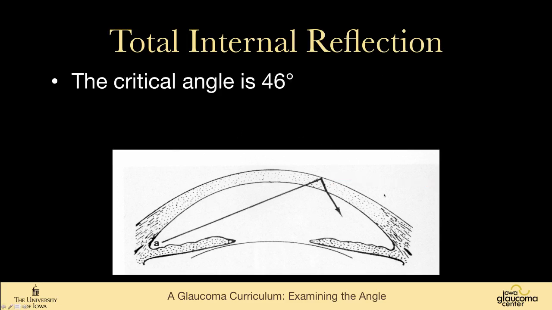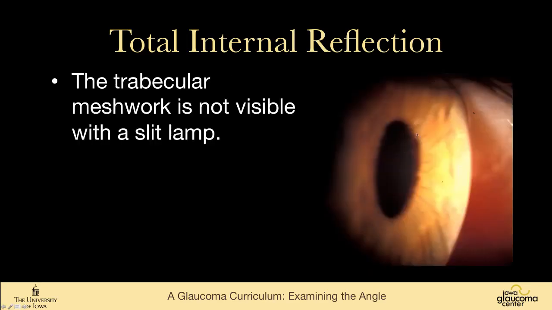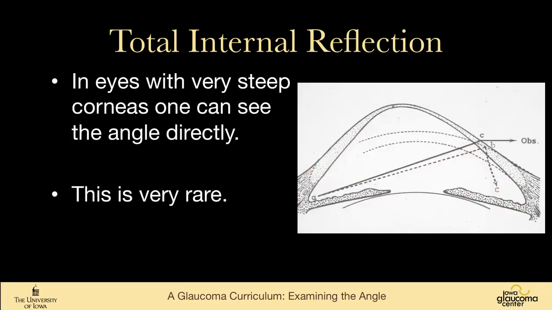So if this cornea was super steep, then you would be able to look directly in there. But that doesn't happen very often. This is me trying to photograph the angle of my technician, and I can't see it no matter what I do with the slit lamp. Again, in eyes that have very, very steep corneas, one can see the angle directly, but this is very rare.